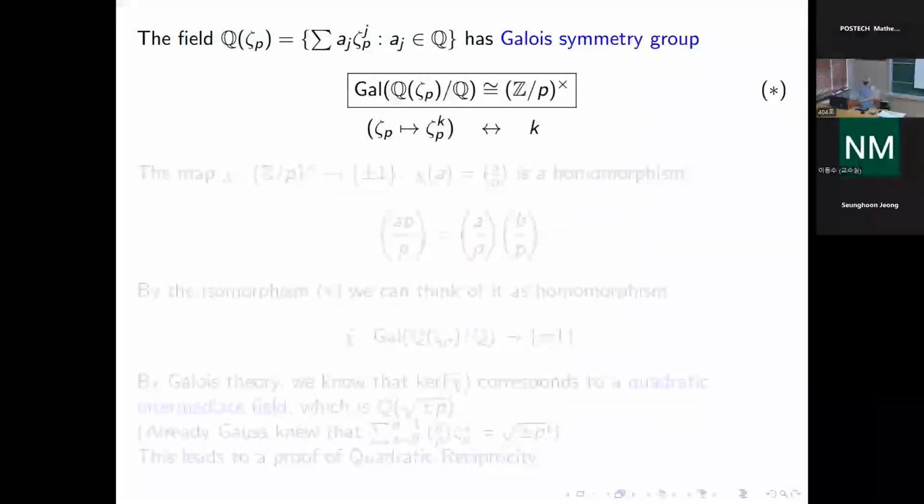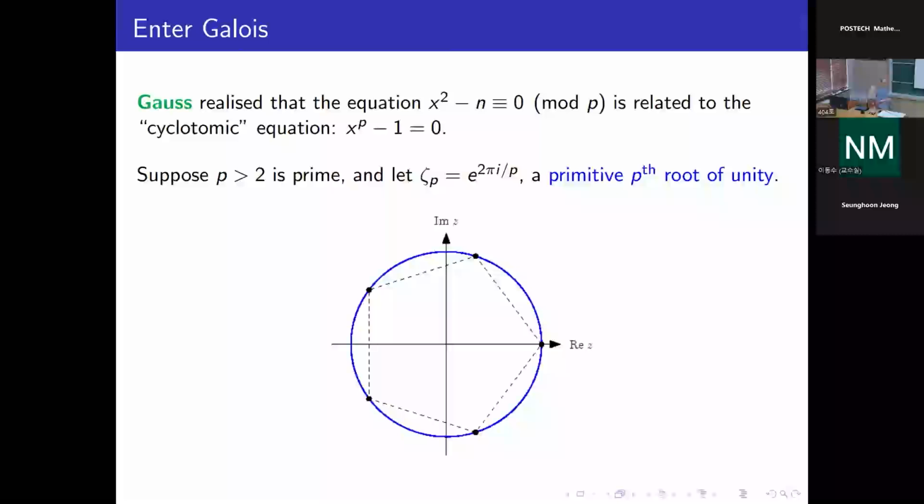And now I want to explain a little bit why there's this connection. So first of all, I remind you zeta p is this pth root of unity, this complex number whose pth power is equal to 1.